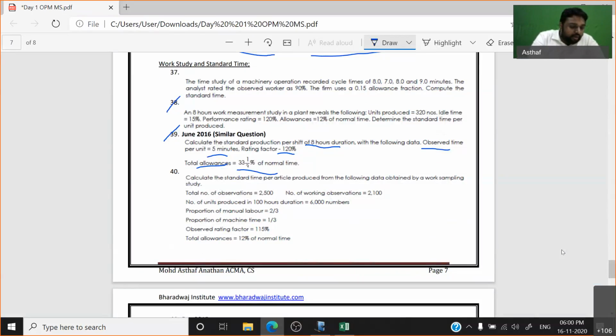An 8-hour work is measured in a plant and reveals the following. Units produced 320 numbers. Idle time 15%. Performance rating 120. So here there is an idle time also. Determine the standard time per unit produced.